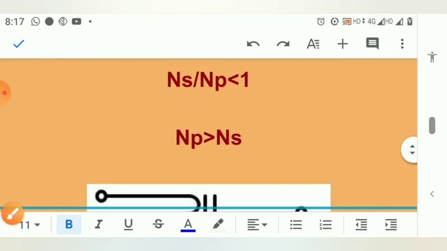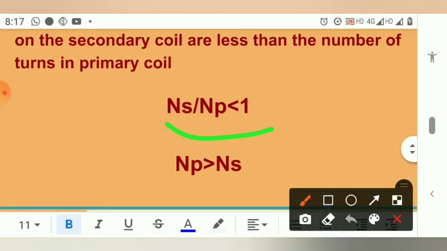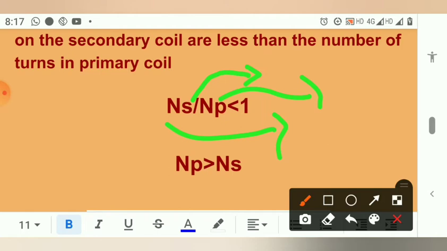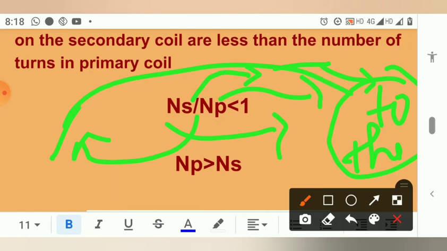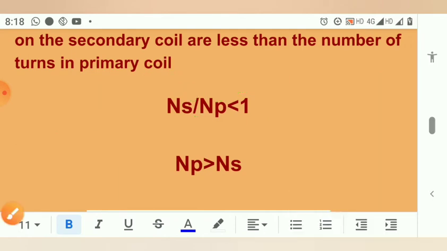In the definition, the slash we write as 'to the'. So the ratio of the number of turns on the secondary to the number of turns on the primary is less than 1.